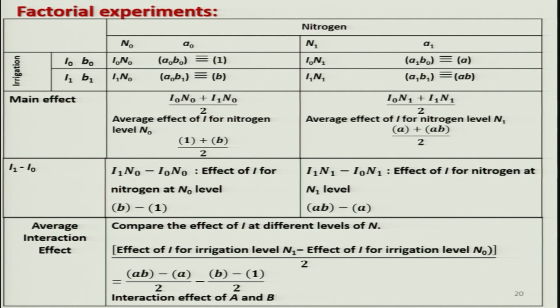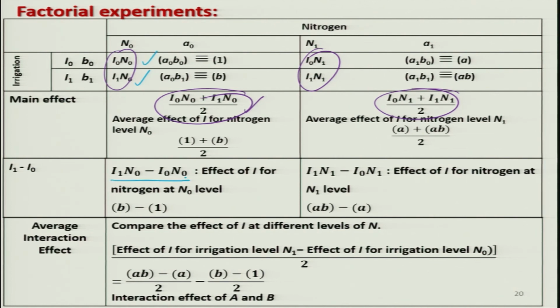So, in the earlier slide you obtained I0 N0 plus I1 N0, and took their arithmetic mean. This is the same thing. Now, because I have space here, I have clubbed it together. Now, if you consider the difference between them, I consider the difference between I1 N0 and I0 N0.